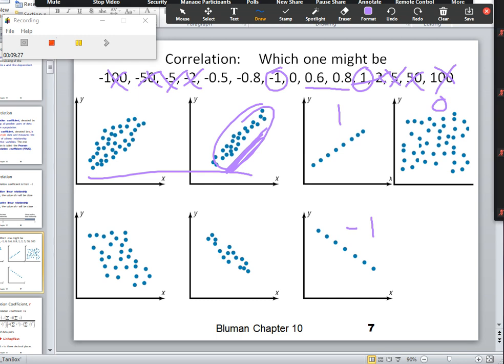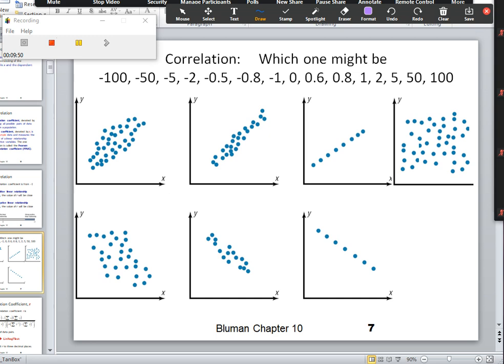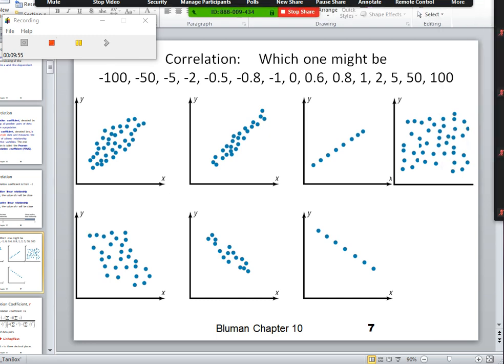And between these two, this one's more like a line, so that should be closer to -1. So that's going to be -0.8. And this one will be -0.5. Again, this is probably the easiest 4 points you're going to get on the exam. So make sure that you don't mess those ones up.